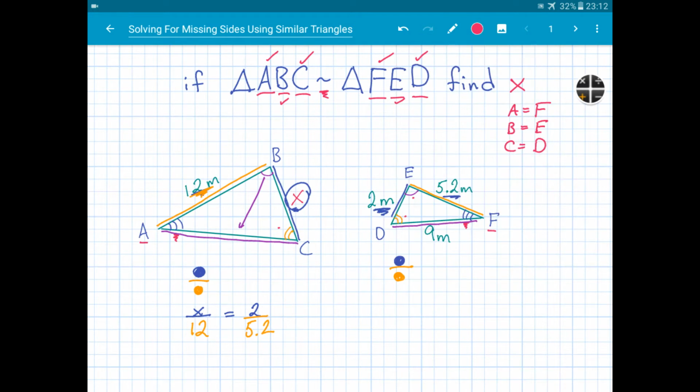Now, the way that we've been working with this to solve is that we said that what we can do is move numbers diagonally across the equal sign in a process called cross multiplication. So what I'm really doing is multiplying both sides by 12. Which would give me 12 divided by 12, which is just 1. So this would just be 1x. So really I don't need that on that side because it'll effectively get rid of the 12 there.